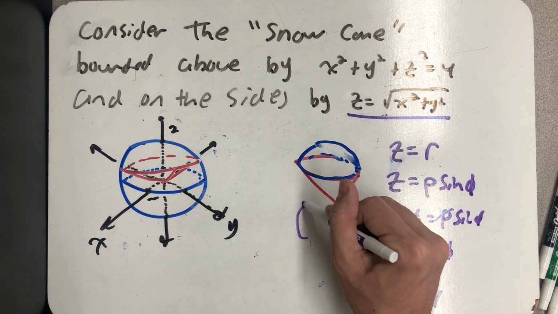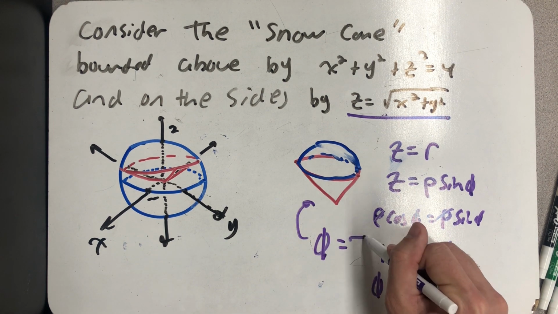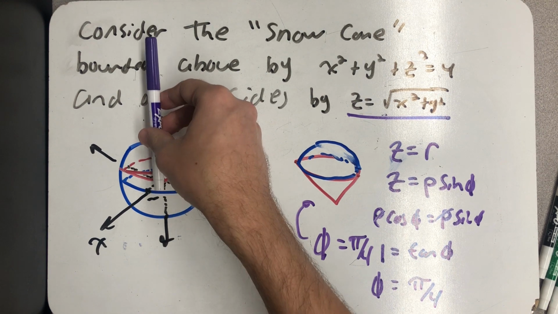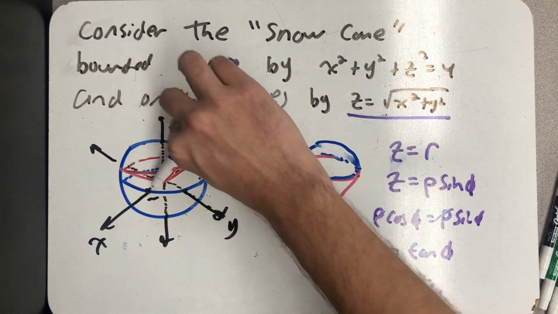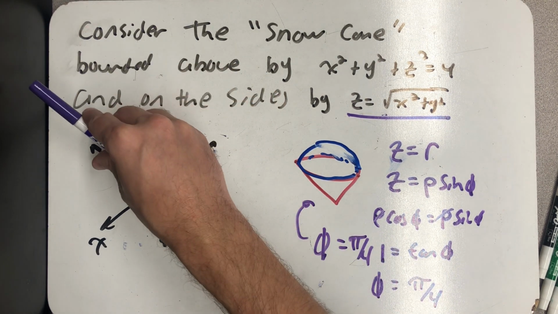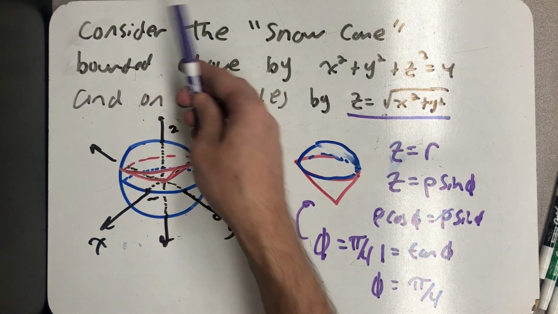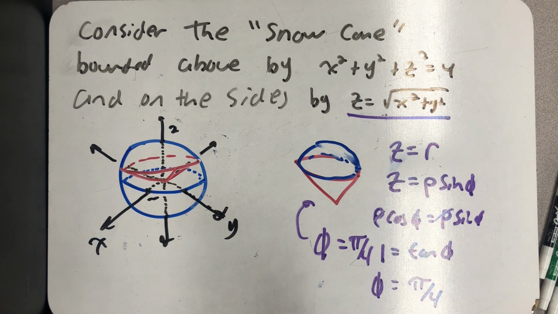The cone is literally the spherical equation phi equals pi fourths. If I rotate down from the z-axis to an angle of pi fourths, and I'm allowed to rotate any angle theta, I literally trace out that whole cone.